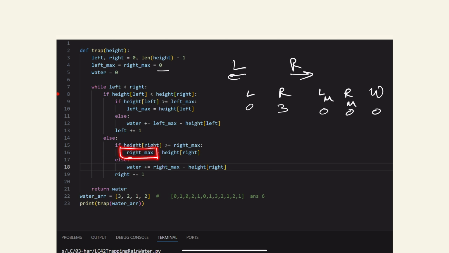Only in this condition, if I am getting anything with a higher length, replace right max. If left was lesser, then I move the left pointer. In this case, right was lesser, so I'm going to decrease the right pointer. So whichever is lesser in height, move that pointer.